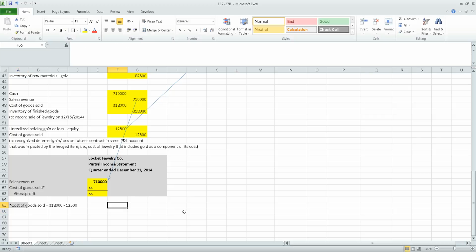So bottom line, cost of goods sold: $318,000 minus $12,500, $305,500. So gross profit.